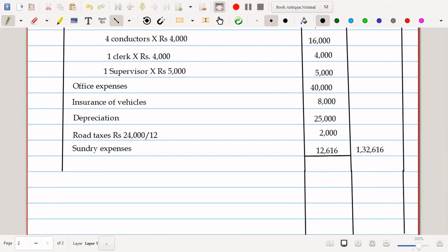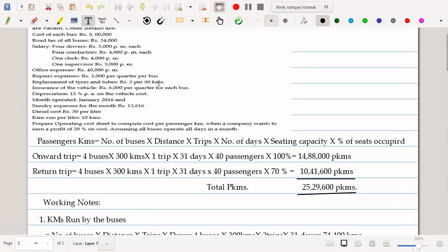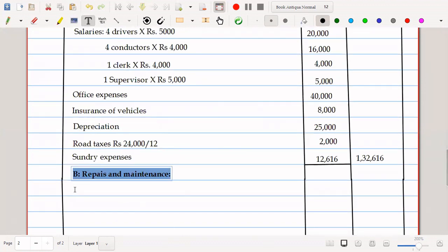The next heading here in this cost sheet is B, repairs and maintenance. Under this, we have only one information given, that is repair expenses. Let's see what's given in the problem. Repair expenses, rupees 3,000 per quarter per bus.